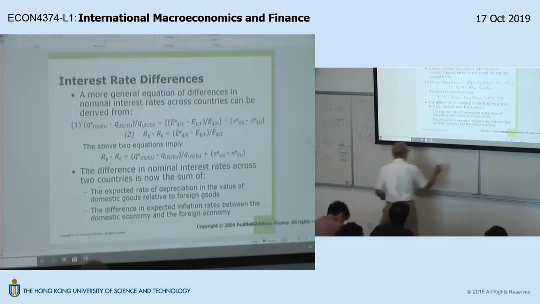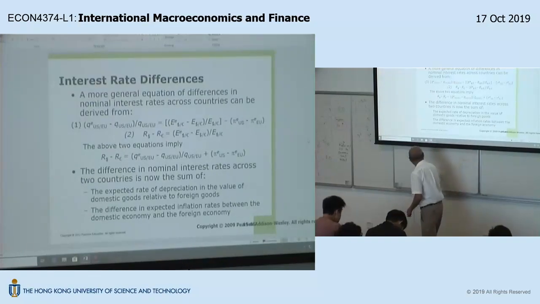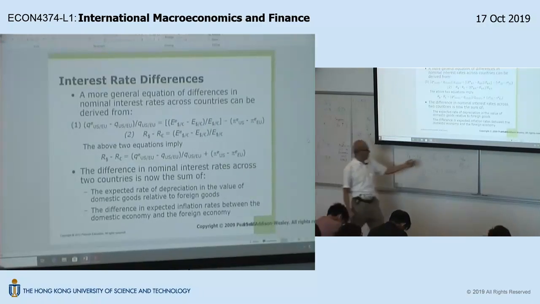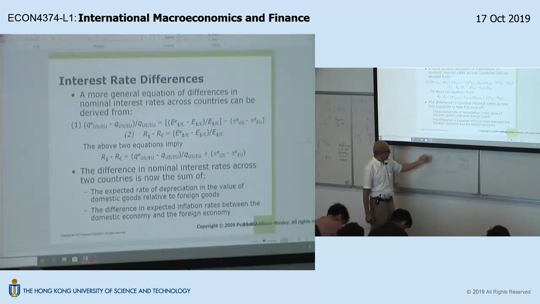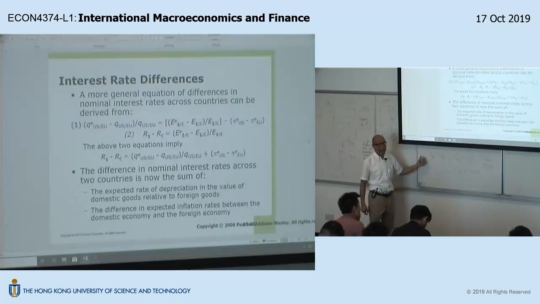If this is true, if Q is constant, nothing happened to the real side of the economy. Suppose you have a country that has a very, very high inflation rate, then you expect the nominal interest rate to be very high.